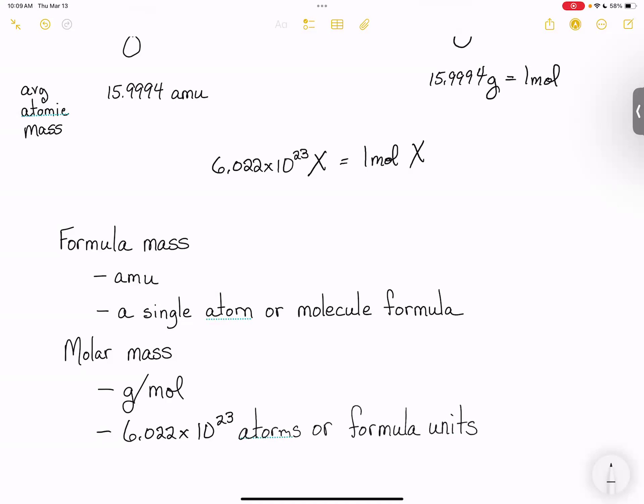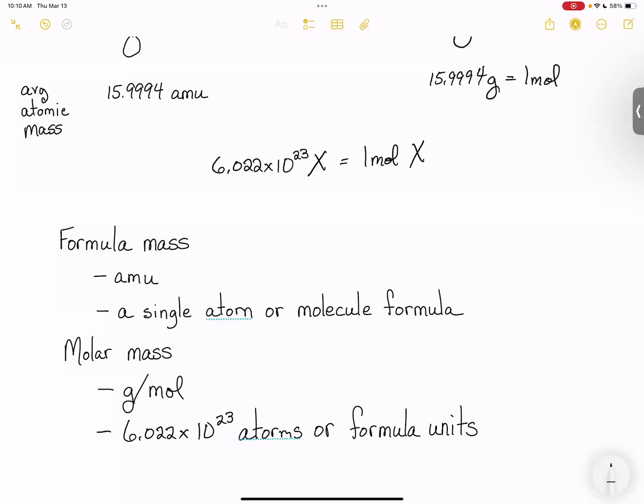That's the difference between an atomic mass and a molar mass. One is for just 1. The other is for 6.022 times 10 to the 23rd.